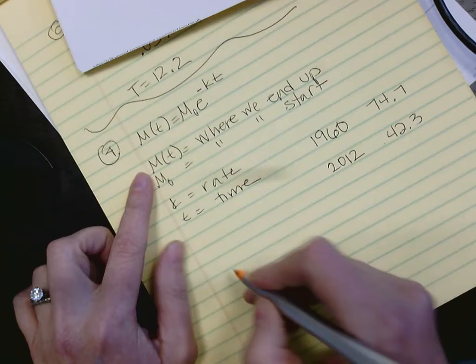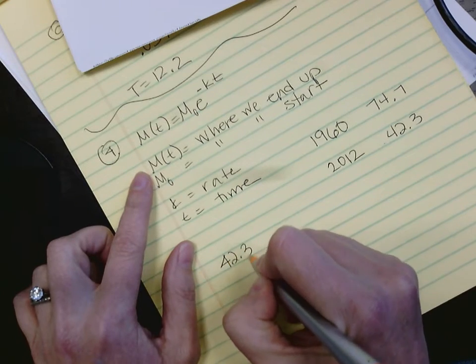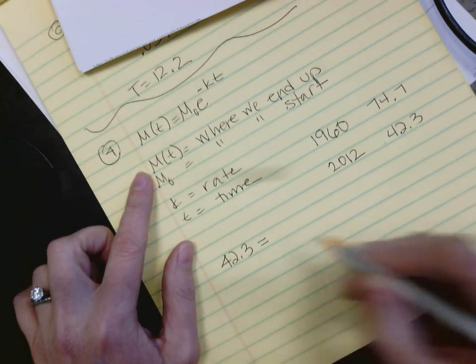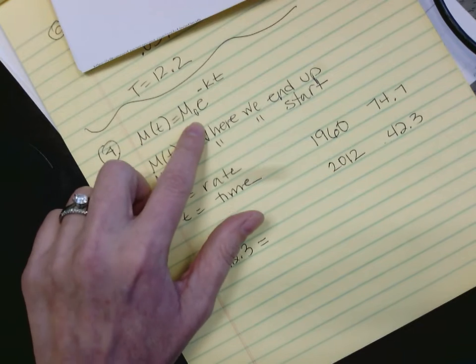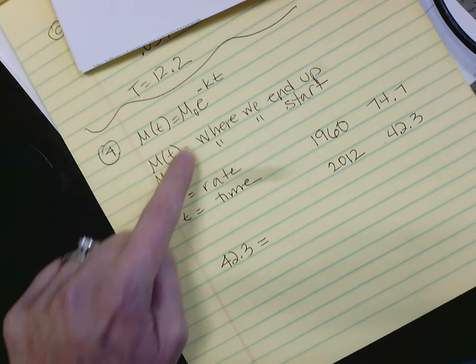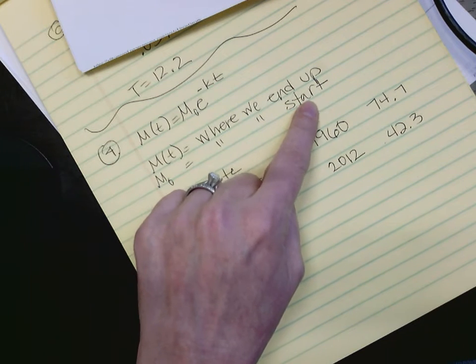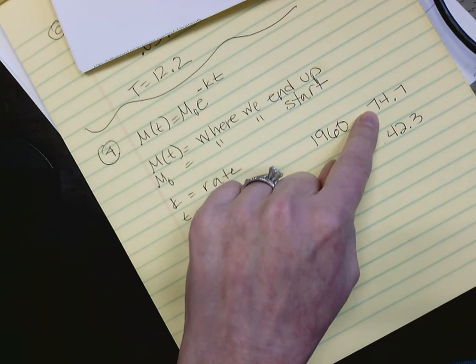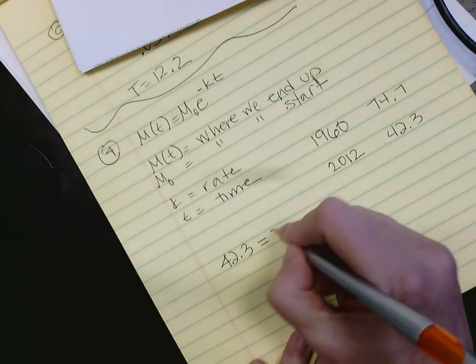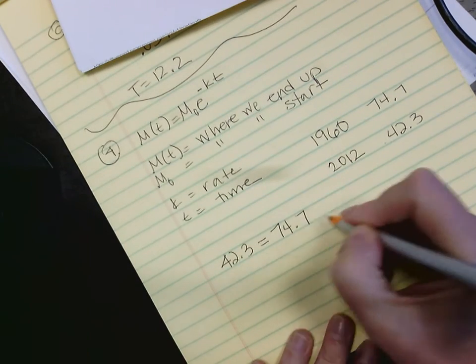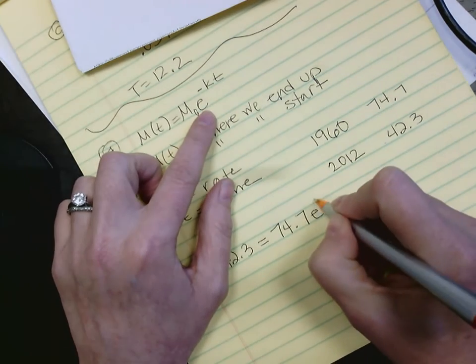Well, it ended up at 42.3%. So now, on the other side, what's next in the formula? That m sub 0, which means where did we start? Well, where was the starting percent? It's at 74.7. Then the E, the negative.